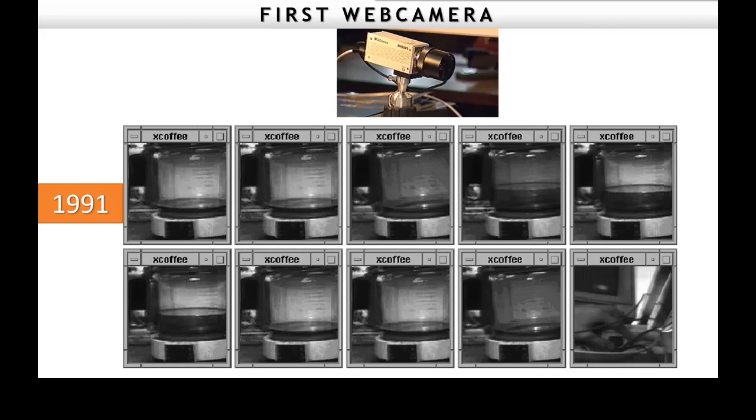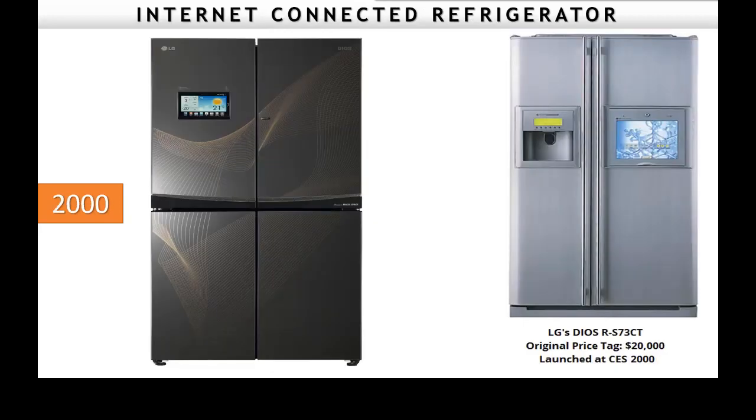So they said, let's put a camera on it. They connected the camera to the network, and the camera was taking a picture maybe every 30 seconds of the coffee machine. Whenever the coffee went low, they knew, and they went and made the coffee. So they were never out of coffee. That was the idea with the web camera, 1991.